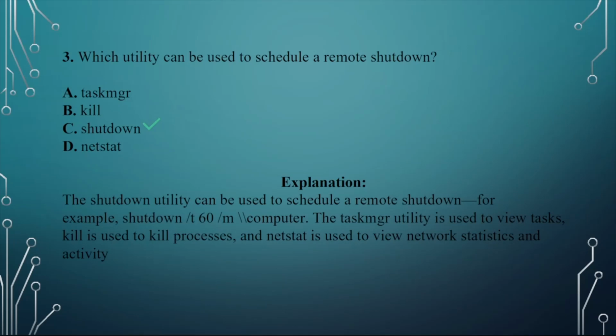The Task Manager utility is used to view tasks. Kill is used to kill a process, like if you want to kill Chrome or Word, any app that you have open, you can use kill to end that task. And Netstat is used to view network statistics and activity.